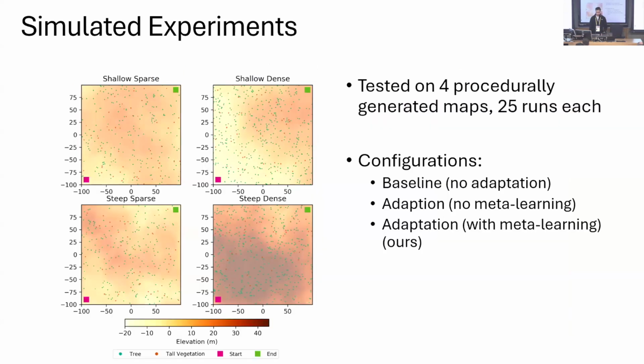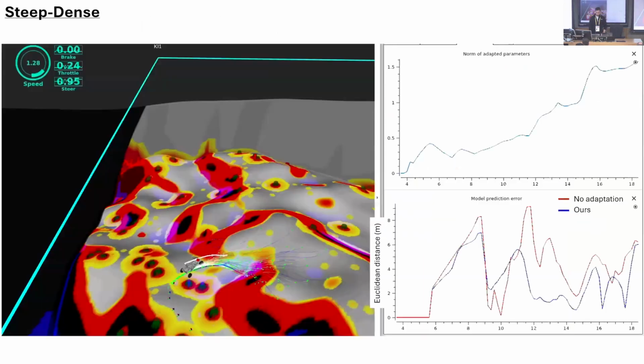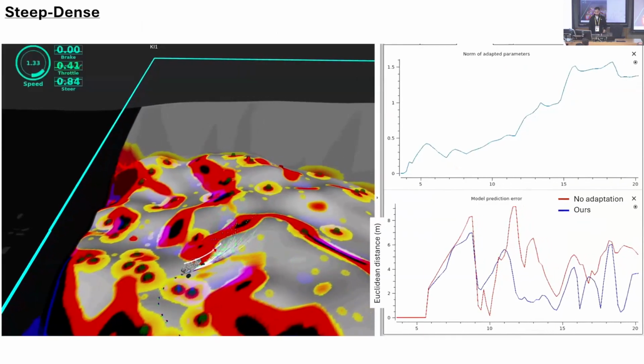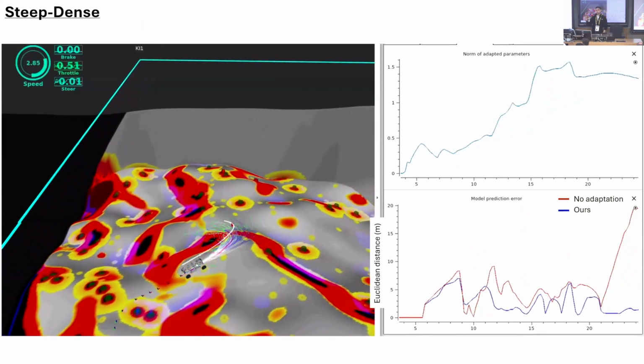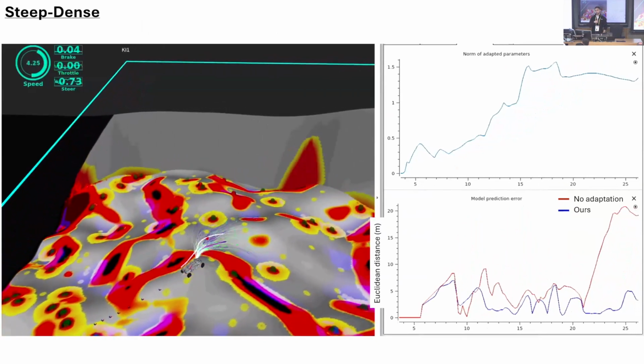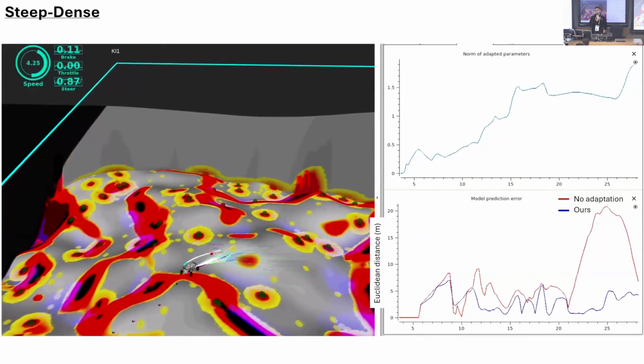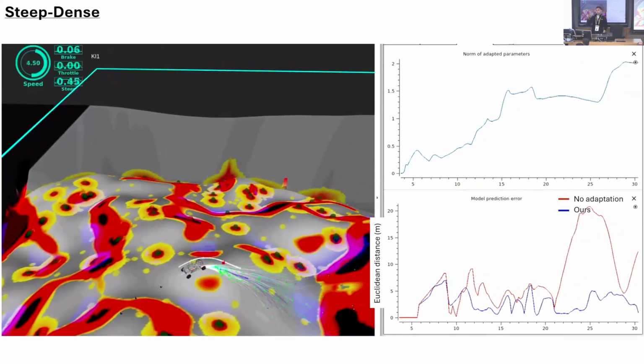We also did simulated experiments, and we procedurally generated 4 maps, labeled shallow, dense, or steep. This is how steep the hills are in the maps, and how dense the obstacles are. This is what it looks like running in the simulator, and the top graph is the norm of the adapted parameters. They start at 0 because we don't know what the correction is, and then they online adapt.